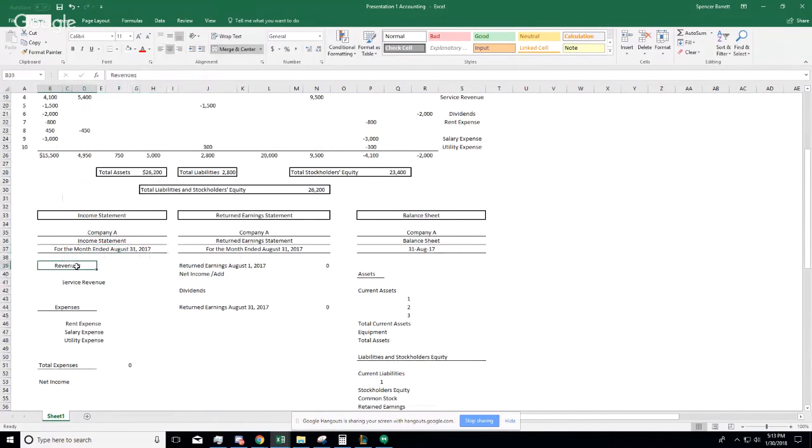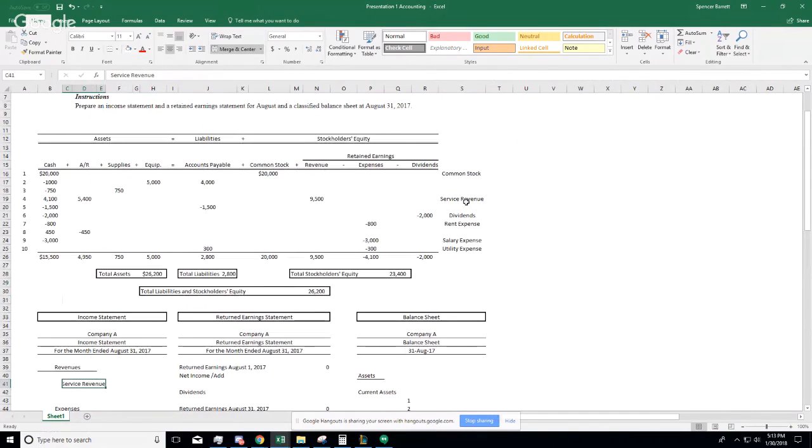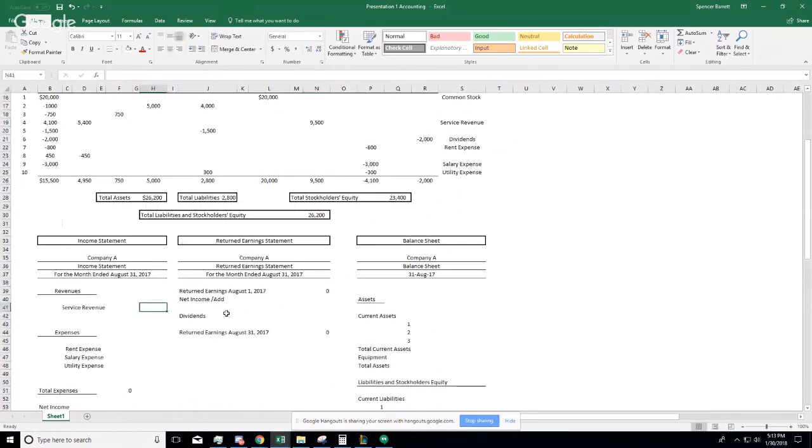Like I said, we want to list revenues first. I saw the only listed revenue would be our service revenue, a total of $9,500. So I'll put 9,500 there. And since there's nothing else, that's the total for revenues.